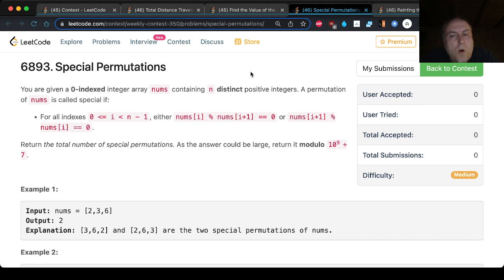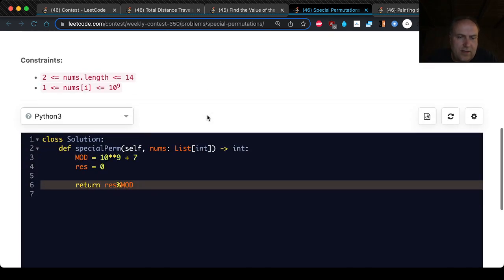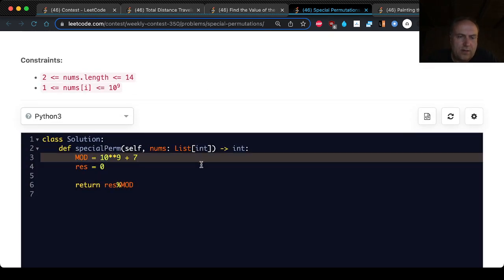So now they all need to connect. So 2, 3, 6. So okay, here we're going to have to do the greatest common denominator.